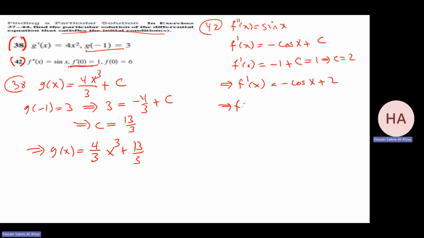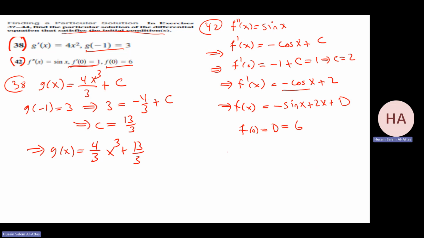So that implies f of x is what? To integrate this, that will be minus sine x plus 2x plus c plus d, another constant called d. And I have what? F of 0 equals 6. So F of 0 will be equal to d equals 6.